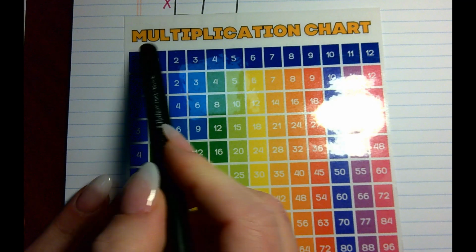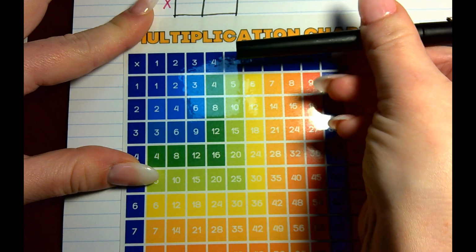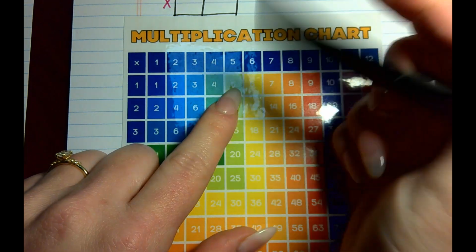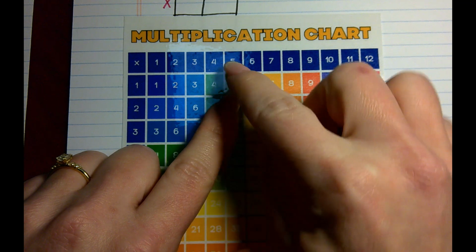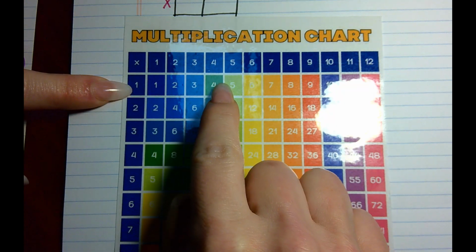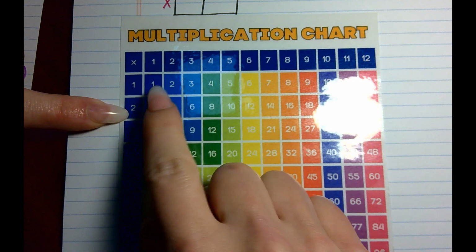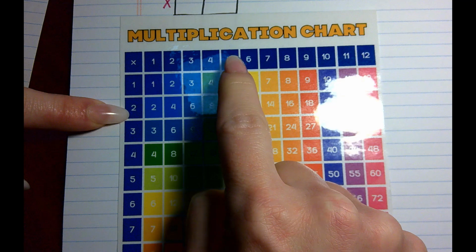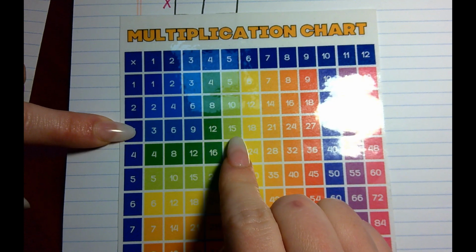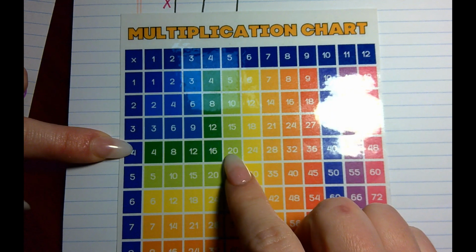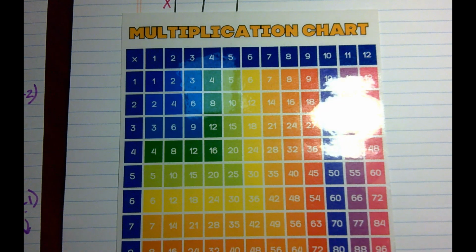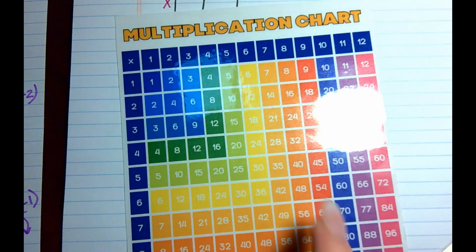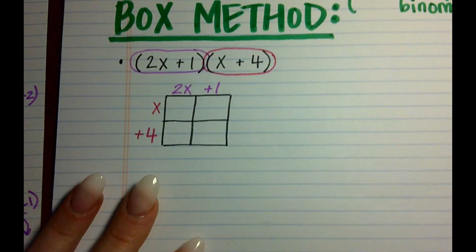For example, at 5, if I go down to the second row, this gives the answer to 5 times 1, 5. The next row gives me 5 times 2, 10. The third row gives me 5 times 3, 15. 5 times 4, 20, and so on. We're just following down and across and multiplying these numbers on the outside. So that's how we use a multiplication chart.